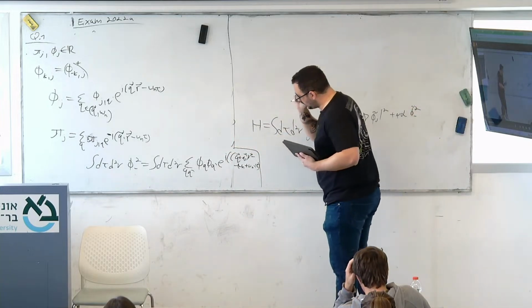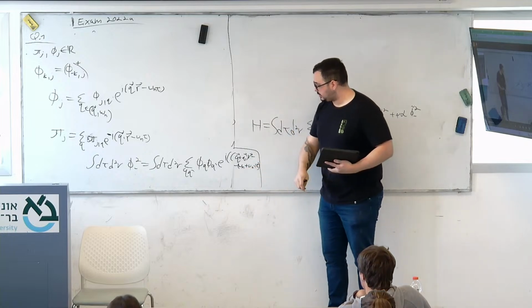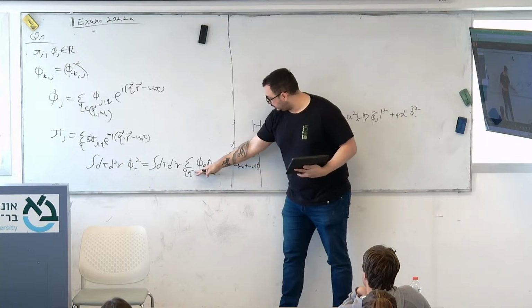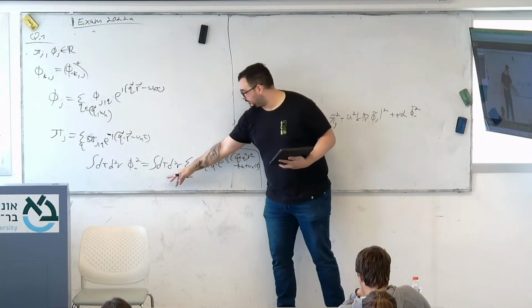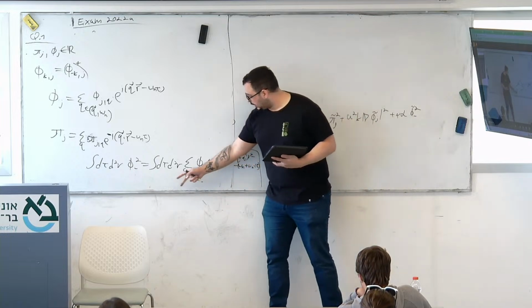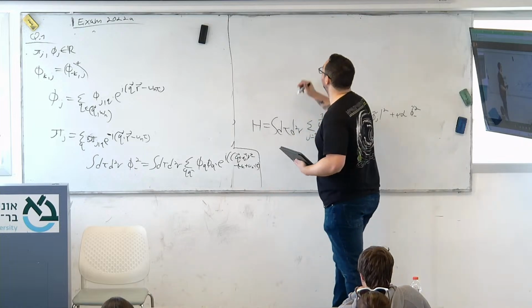Okay, so this integral doesn't have any dependency on tau and r in the function in frequency. So we can take this integral all the way inside before the exponent.